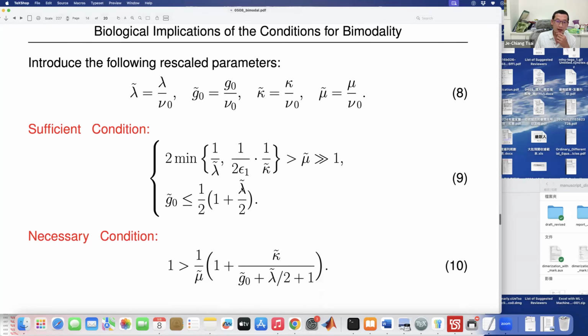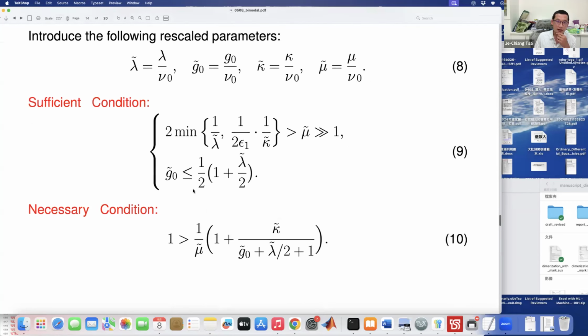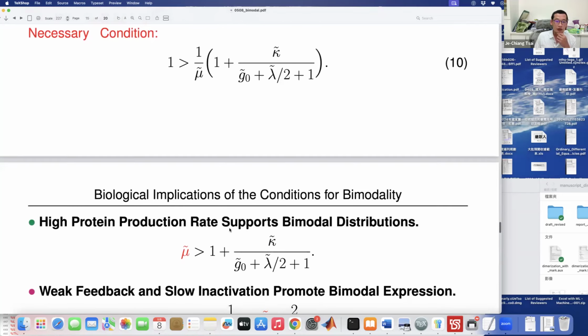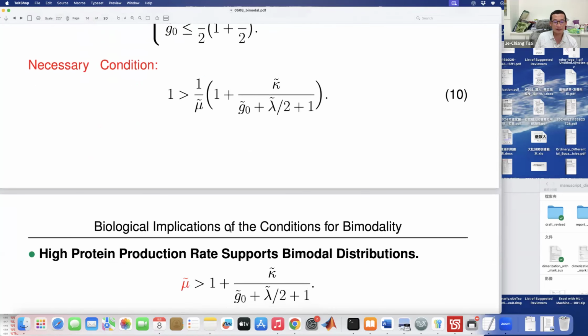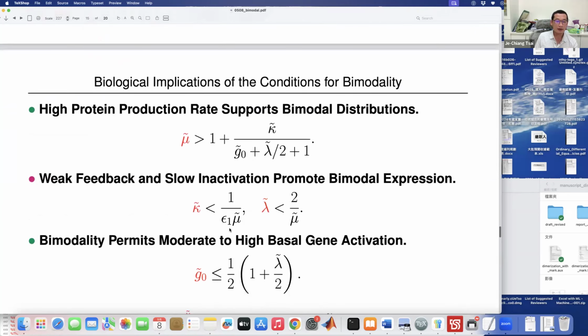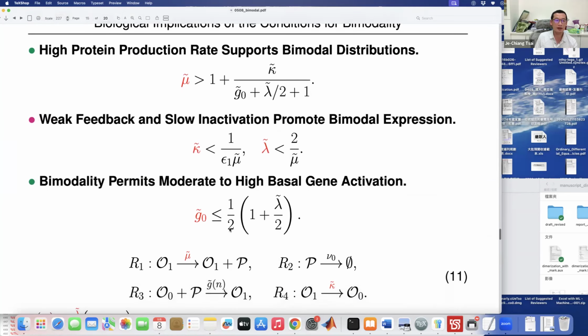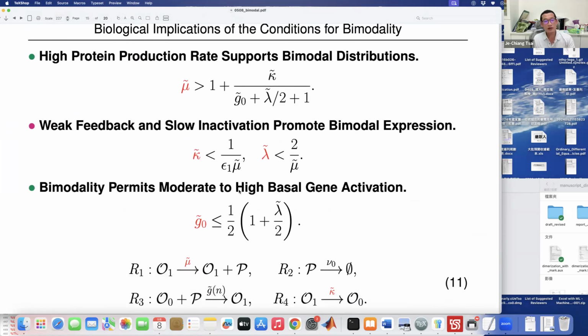Then the sufficient and necessary conditions become this and this one. From these two scaled conditions, I have some implications. The first one is the high protein production rate.